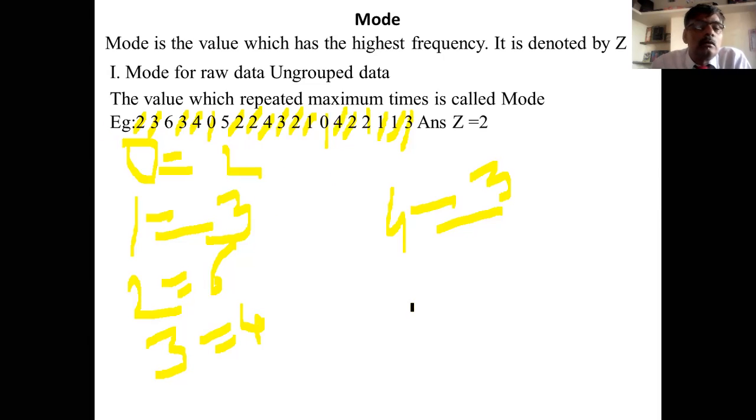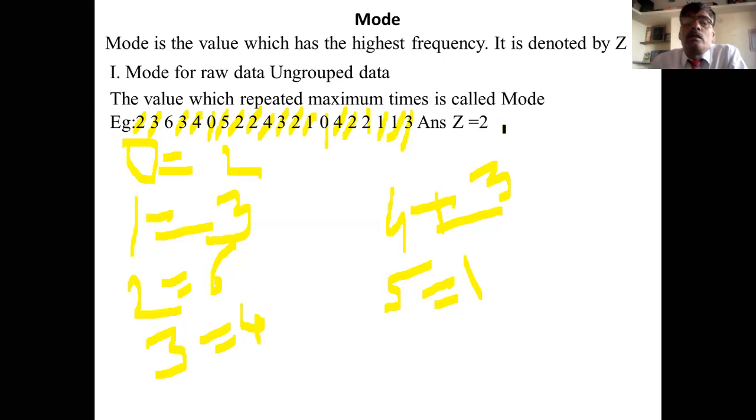Then come to 5. 5s are 1. Only one 5 is there. Is there any other number? No. So out of these, there are 2 zeros, 3 ones, 6 twos, 4 threes, 3 fours, 1 five. Therefore, the maximum number of times, the 2 is repeated.